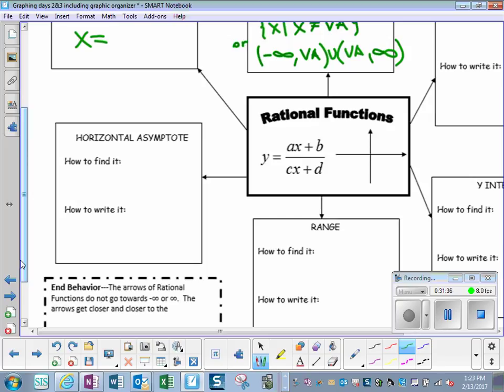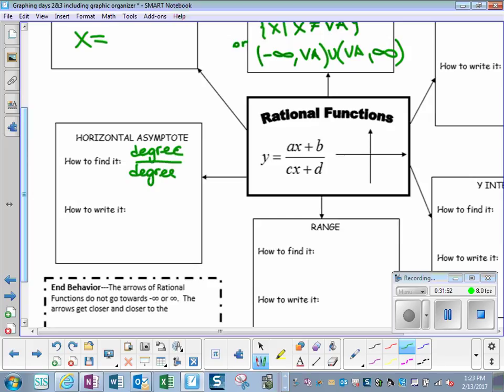Compare the degree of the polynomials in numerator and denominator. So degree over degree. Compare what kind of polynomial you have in numerator and denominator.